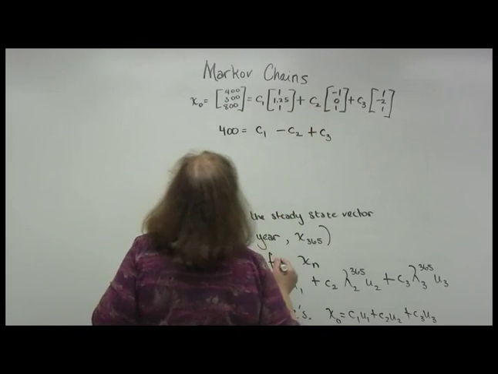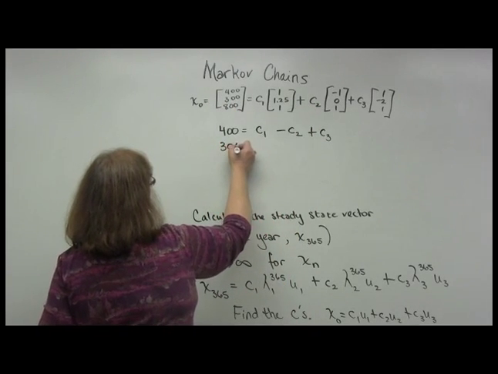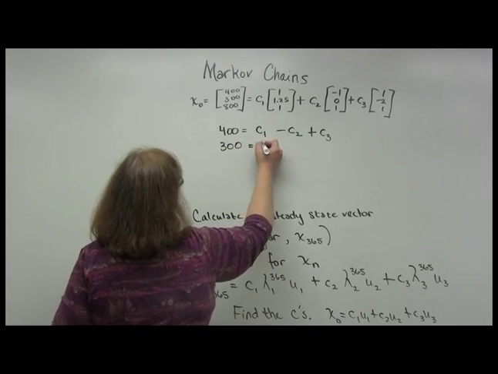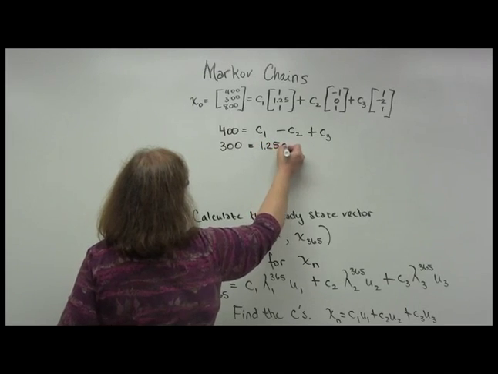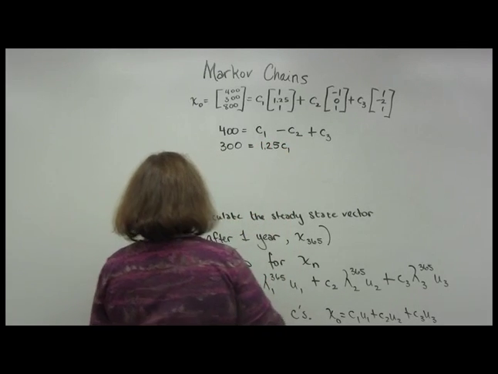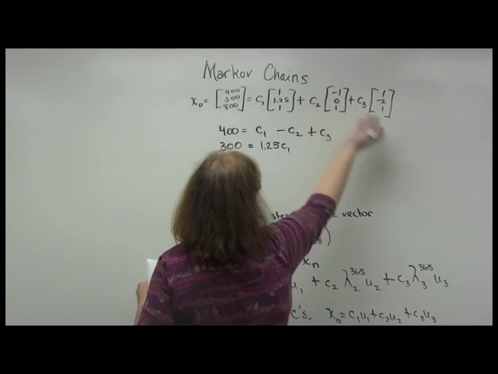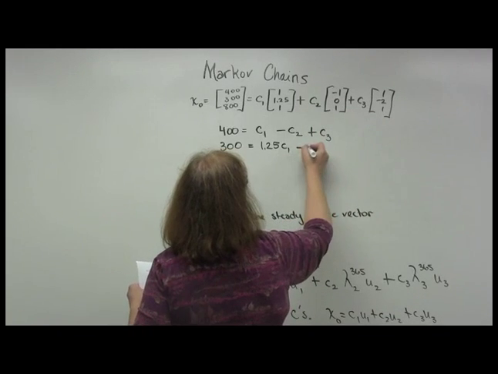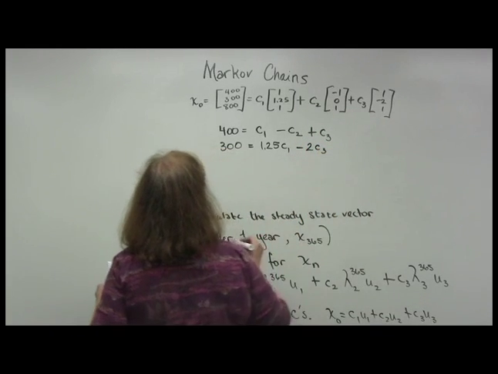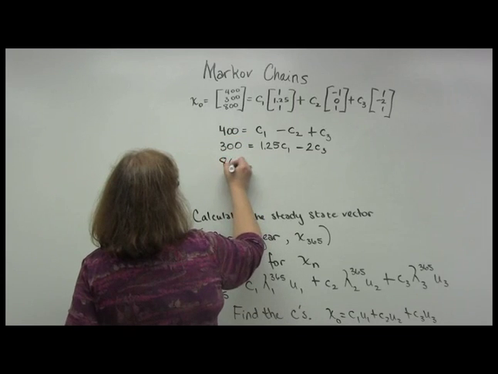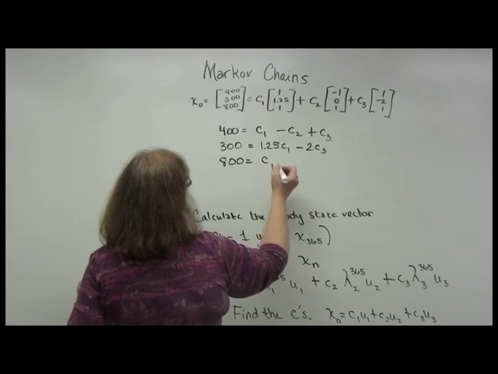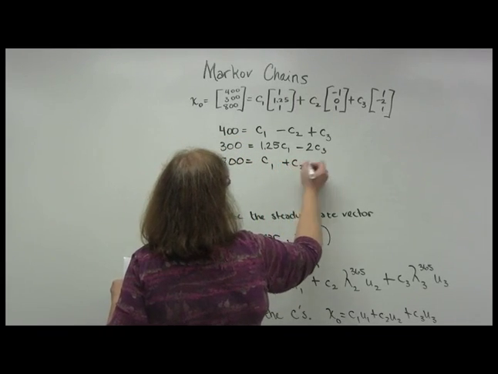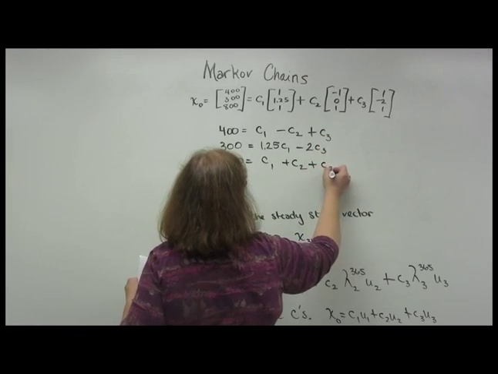Along the second row, I get 300 equals 1.25 C sub 1, no C sub 2's, minus 2 C sub 3's. And then the third row I get 800 equals C sub 1 plus C sub 2 plus C sub 3.